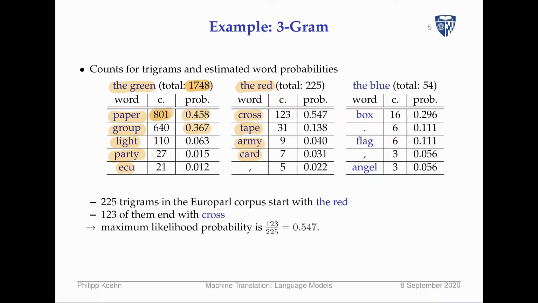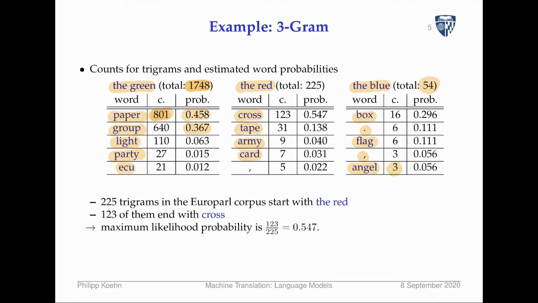And then let's look at the blue. Well, the blue box, the period, meaning apparently the sentence ends there, out of the blue. The blue flag, the blue, comma, maybe that's similar to the period. The blue angel. So these are the words that follow there. The blue is much less frequent than the other occurrences. So you already see you also have very few counts for the trigrams.